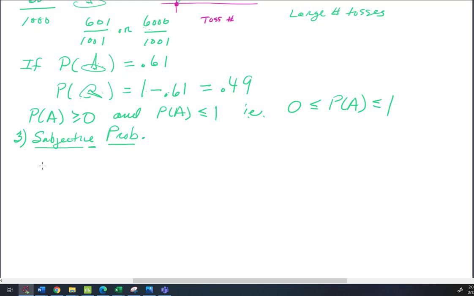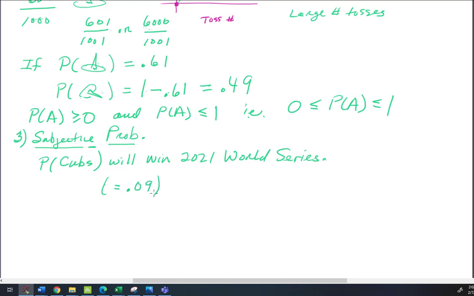So if we do things like, what's the probability that the Cubs will win the 2021 World Series? If you ask me to give you an answer here, and I said, well, that's equal to 0.09, it means I'm giving the Cubs a 9% probability of winning.